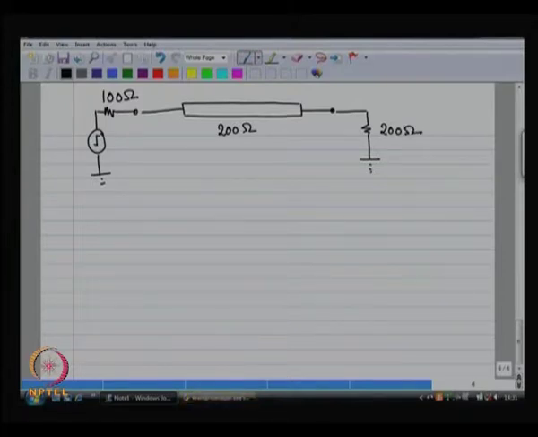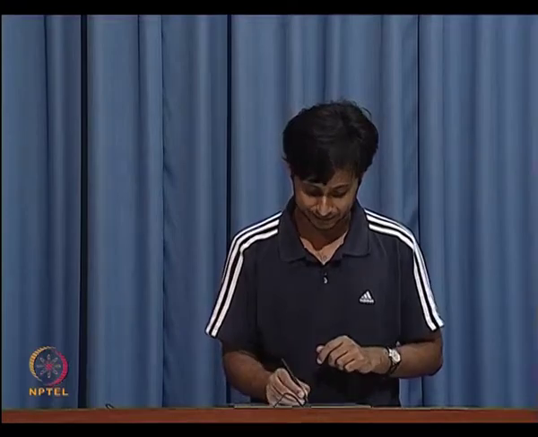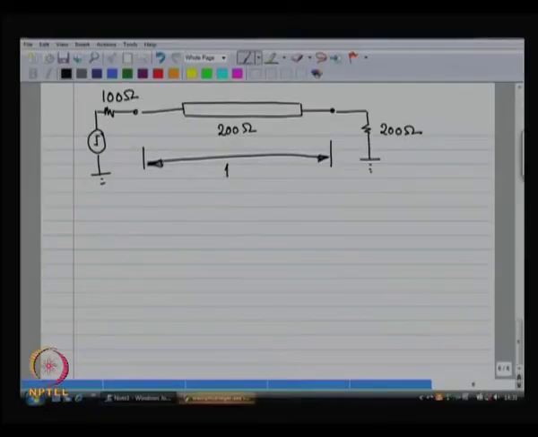So, this is how it is, and let us say the distance that the wave has to travel, the wave travels at the speed of light. So, let us say that the distance that the wave has to travel can be covered in a time capital T, 1 second.